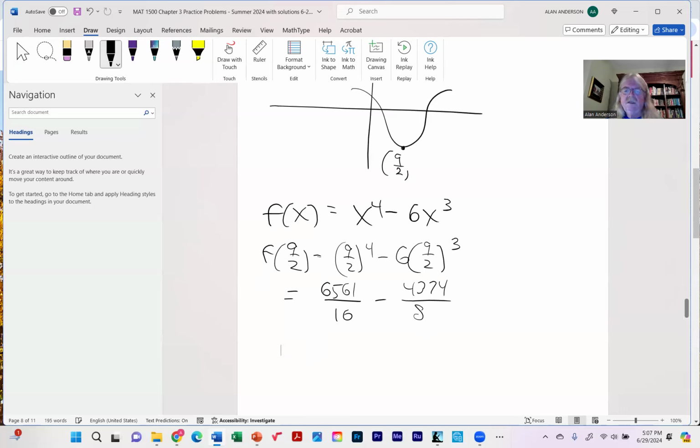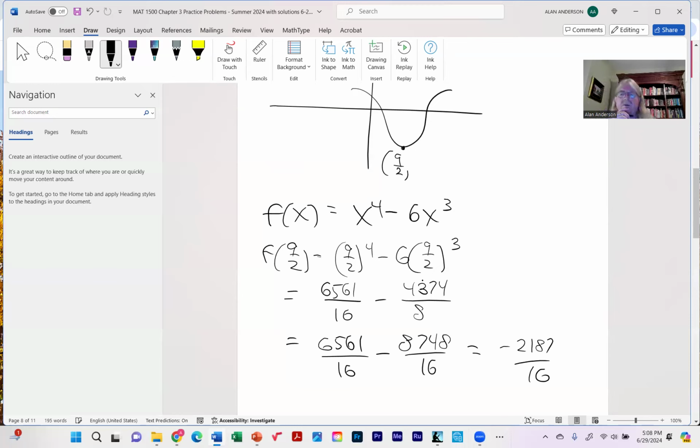Now, of course, we need a common denominator. So let's take care of that right now. I'll double the numerator and the denominator. So that leaves me with 8748 over 16. Let's see what we have: minus 2187 over 16.